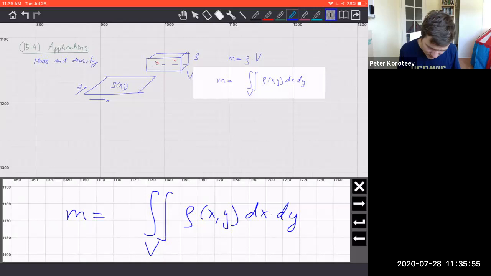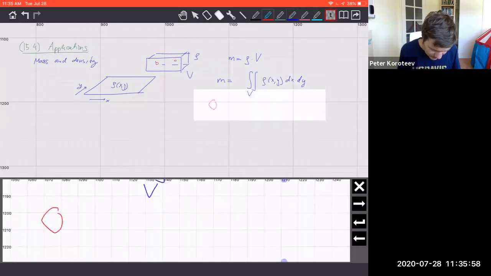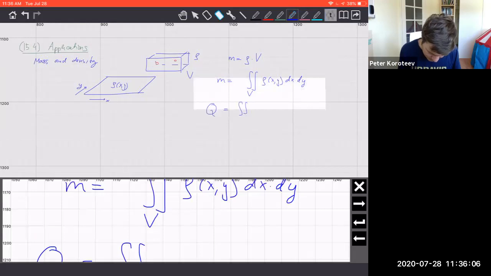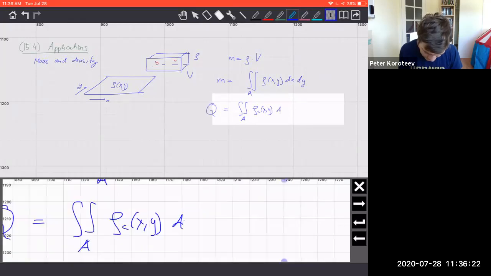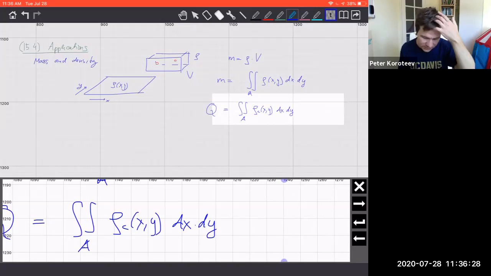There's a similar formula for electric charge. Say you have a charge, and then again, it's an area integral over the charge density. I'm going to put C here, which stands for charge, with dx dy, and you would compute the total charge of this planar, 2-dimensional object.